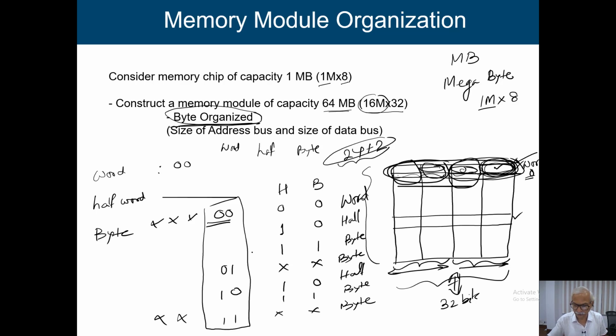A word always starts with 00. Now depending on this signal line, we can identify whether we are going to work with a word, a half word, or a byte.